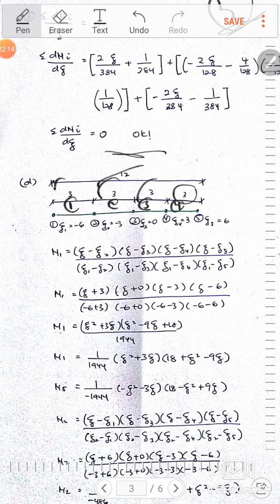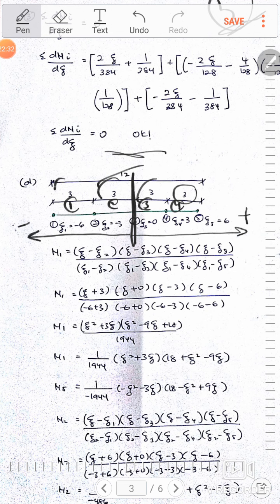Here the origin point is on node number 3. On node number 3 it is 0, so the right side will be positive and the left side will be negative.